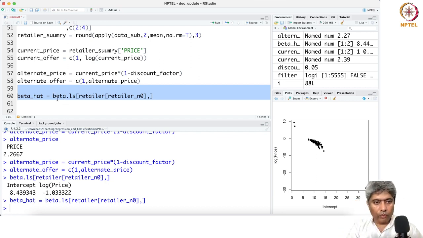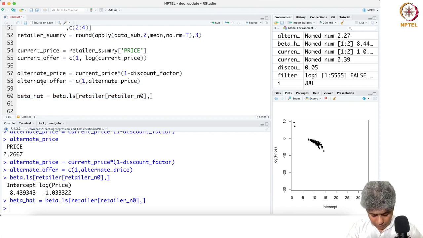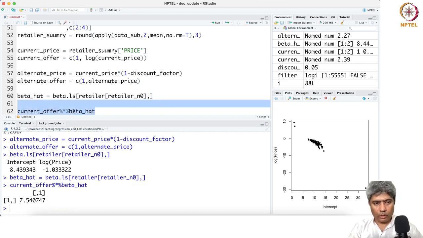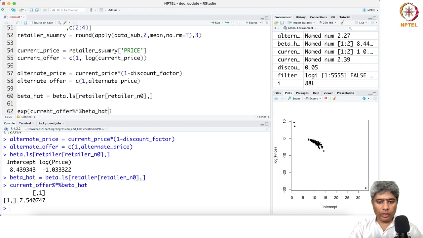Now for this current offer and alternate offer, what would be the expected sales volume? That is clearly current offer times beta hat, and then you have to make it an exponent, because remember that we are fitting log volume versus log price.